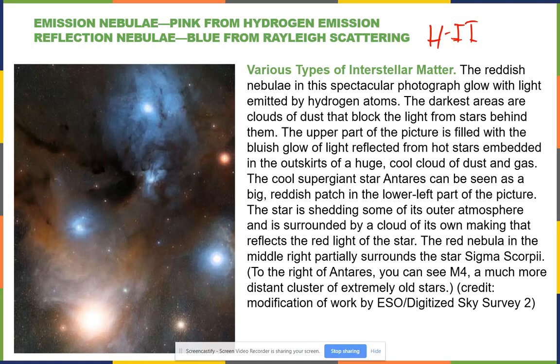Well, if electrons have been removed, any electron that happens to come by will then be captured, fall down to a low energy level, and give off hydrogen emission lines until you have a collision or absorption of UV light that ionizes it again. So these red emission nebulae actually tend to be regions of about 10,000 kelvins, H II regions where you have hot gas.